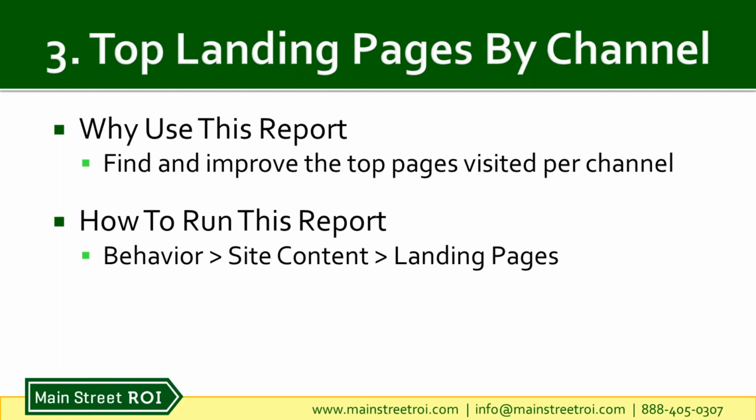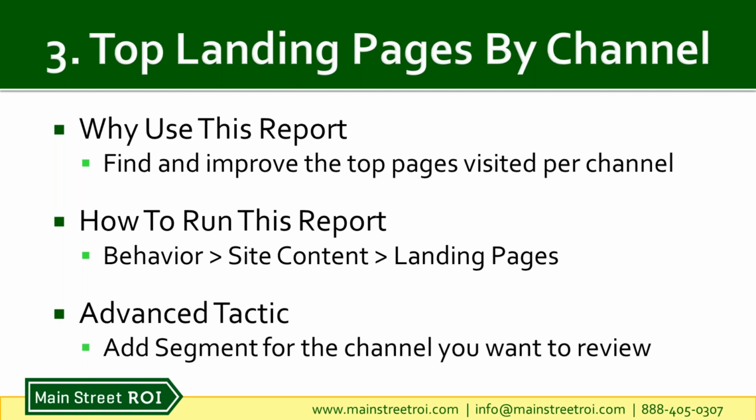And you'll look at the landing pages by going to behavior, site content, and then landing pages. And as an advanced tactic, I'm going to show you how to add a segment, or actually multiple segments, and then you can see the data for each landing page segmented out by the channel that you want to review.